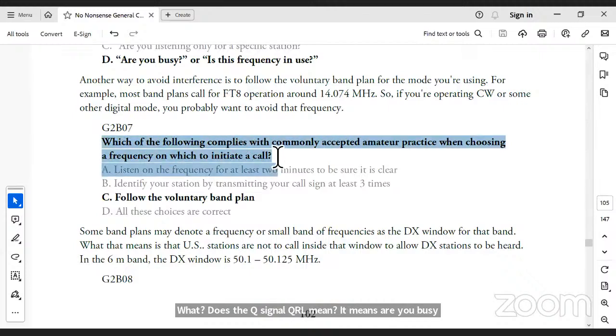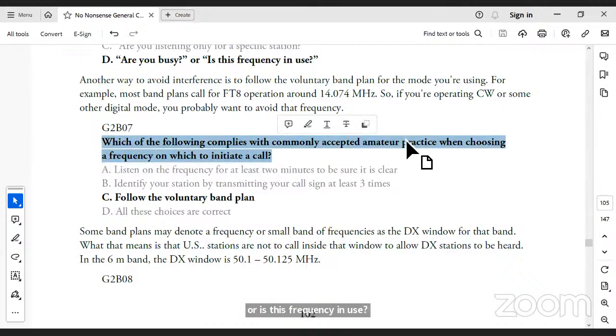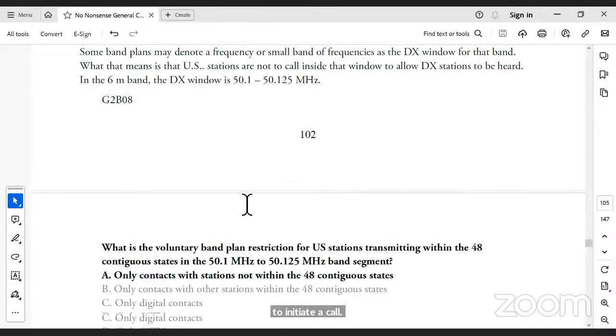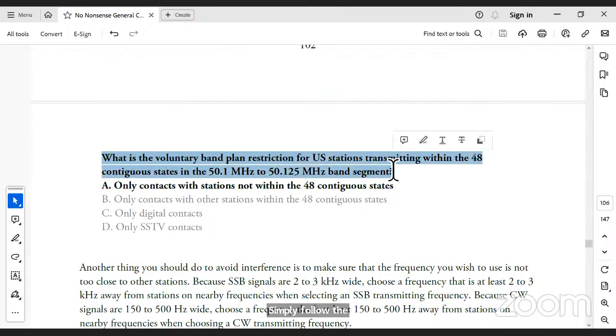Next question. Which of the following complies with commonly accepted amateur practice when choosing a frequency on which to initiate a call? Simply follow the voluntary band plan. That's the answer. Okay, next up.